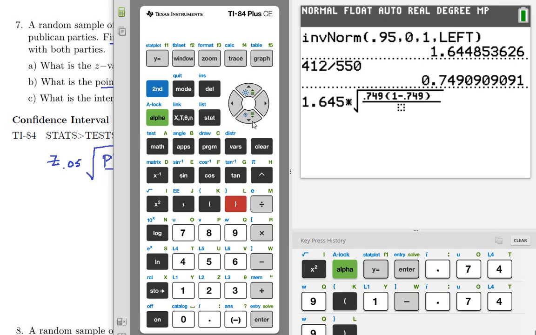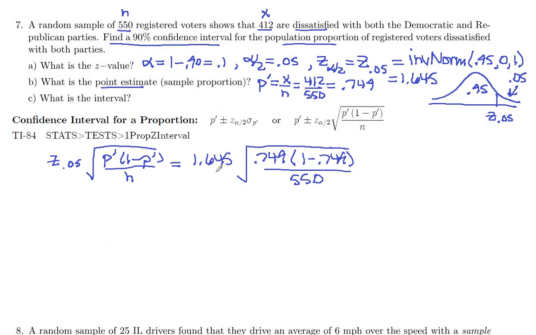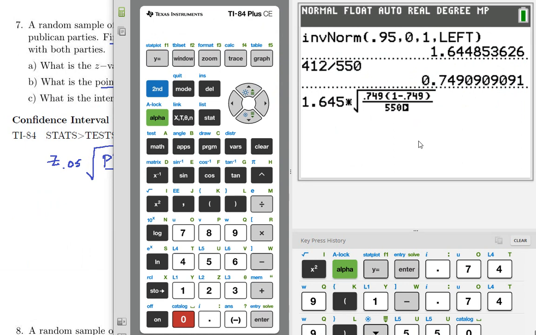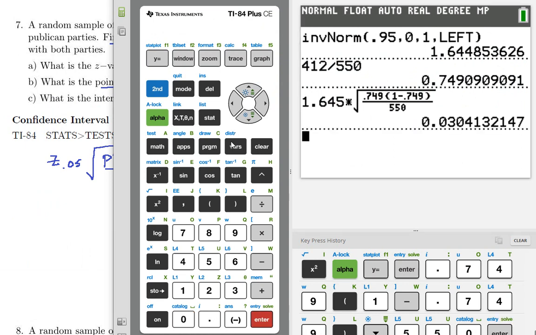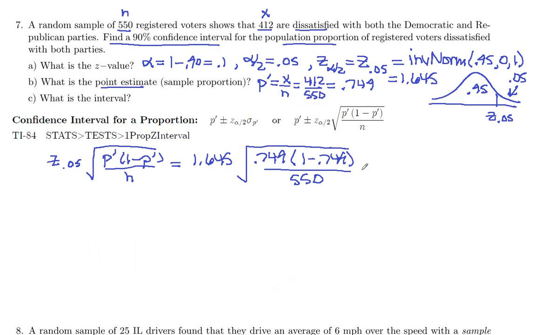Close it up, down to the bottom, 550. Yep, looks good. So 0.0304, so 0.03. This is approximately 0.030 to 3 decimal places. And that was our margin of error. We called that E, margin of error.